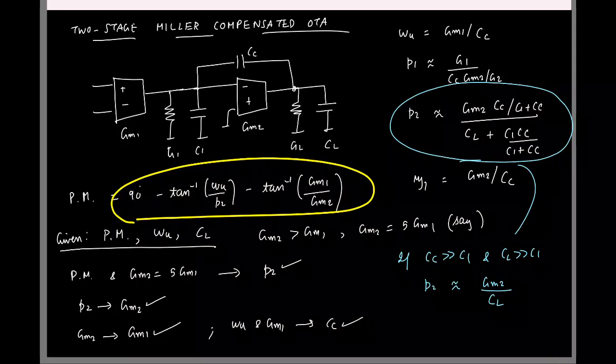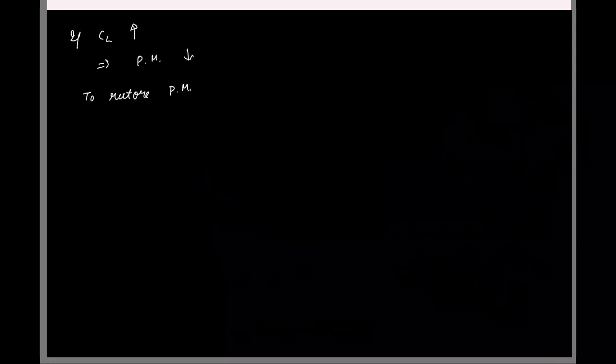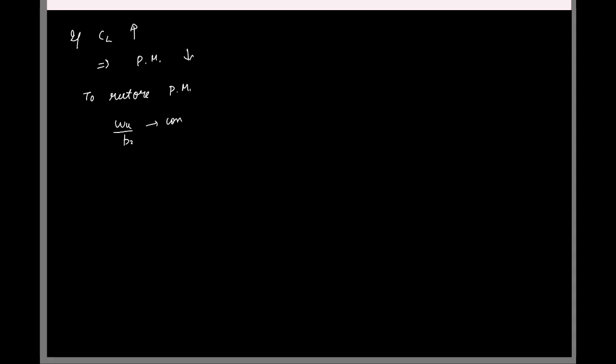It depends on the ratio omega u by P2, isn't it? Now P2 has reduced, so this is going to increase. So I need to keep this to be some constant, right?